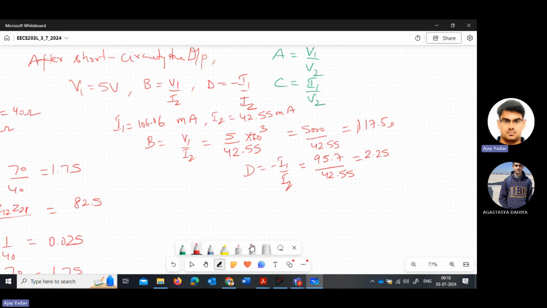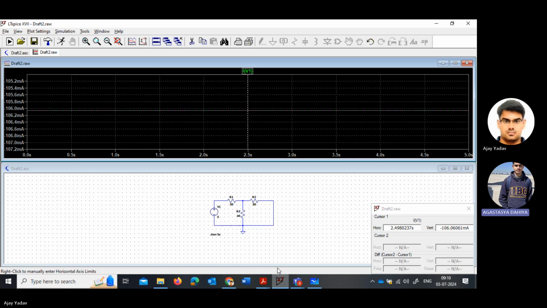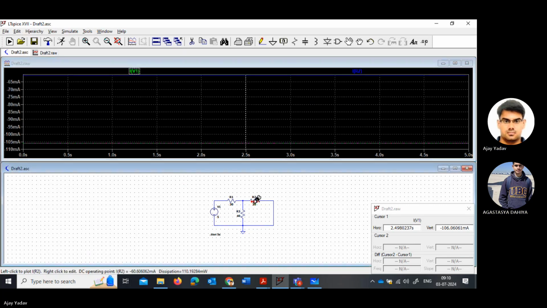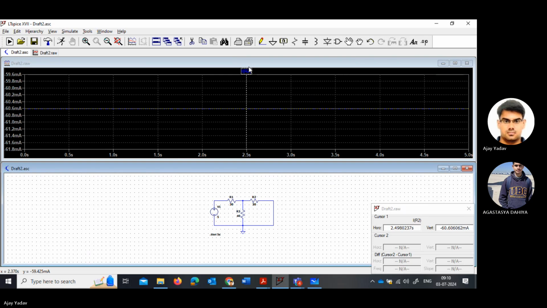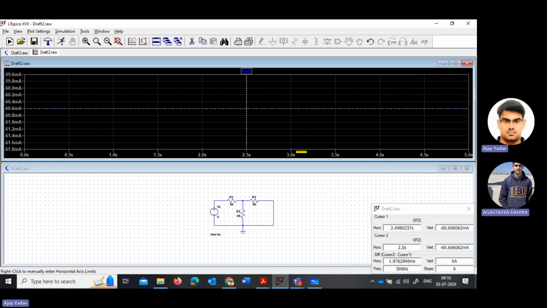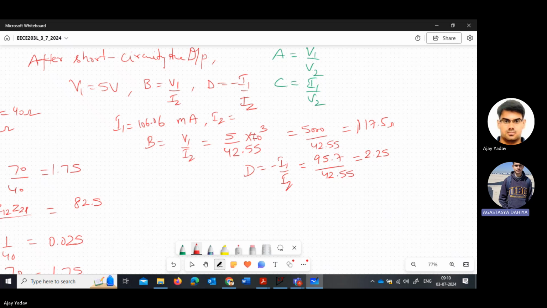I2 we need to calculate. This is minus 60.61, 60.61 milliampere. Now we do the division and all this again.